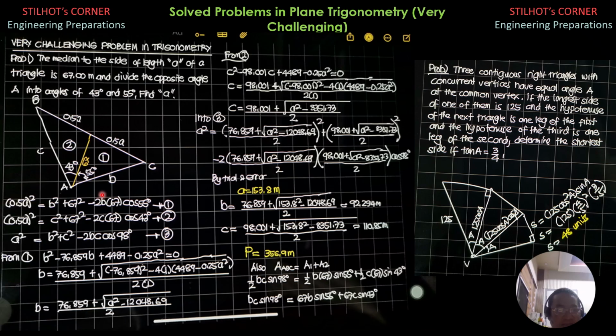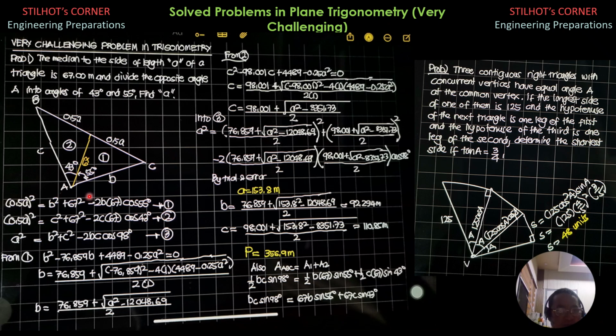So for the analysis, there are three unknowns here, B, C, and A, but we can formulate three equations from the cosine law. So in triangle 1, opposite is 0.5a. So (0.5a) squared equals b squared plus 67 squared, this is the median, minus 2b(67) cosine of 55. Call that equation 1.